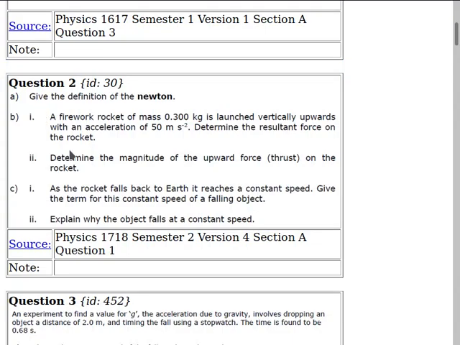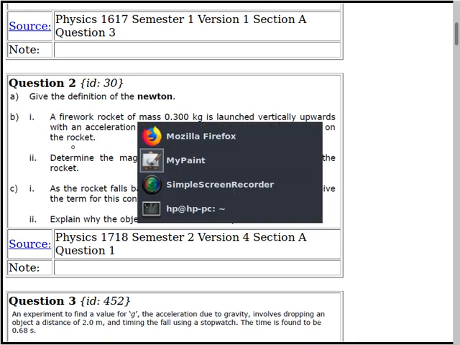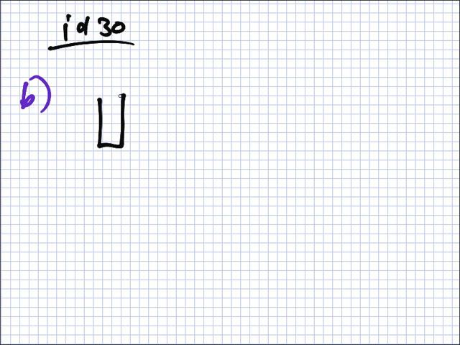Right, so this is ID 30. Okay, B. A firework rocket of 0.3 kilograms is launched with an acceleration of 50. Determine the resultant force on the rocket. We have to be careful here because there are actually 2 forces. There's a thrust and there's a weight.